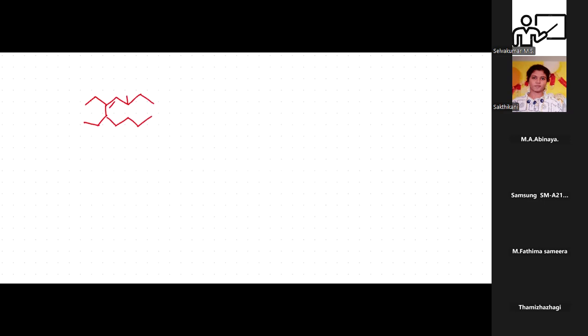So CH3, I am writing this line connected to a carbon, then another carbon. That carbon is connected to another carbon. And also this carbon has a double bond. It goes to another carbon and another carbon where a methyl group is attached. Then another carbon, then CH3.